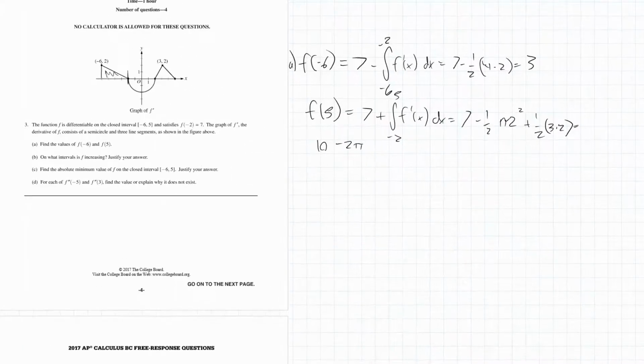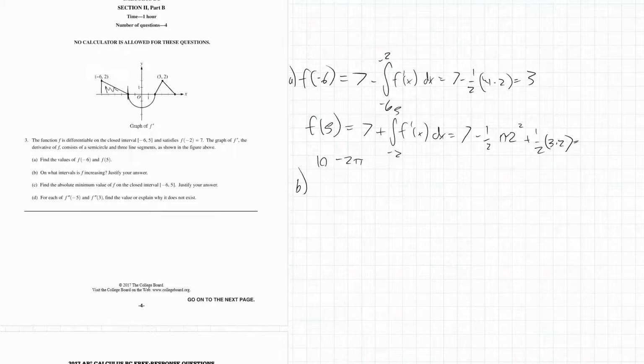So now for part B, it asks on what intervals is the function f increasing? Justify your answer. This is one of the easier questions, so we just need to know that this is a graph of f prime, and that this gives us the derivatives, which are the slopes. Anytime f prime is positive, that means the derivative is positive and f is increasing.